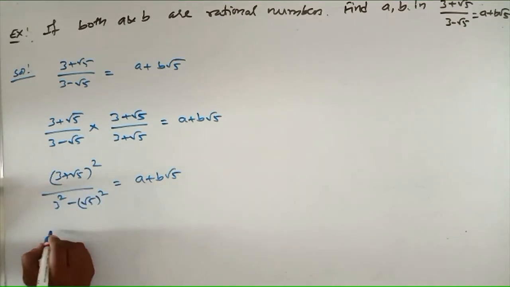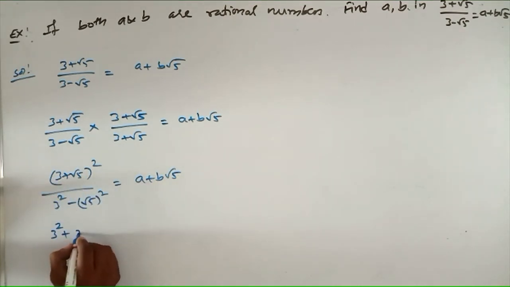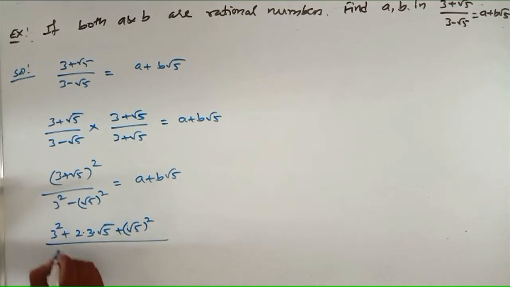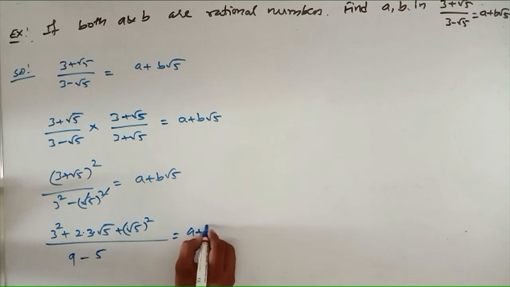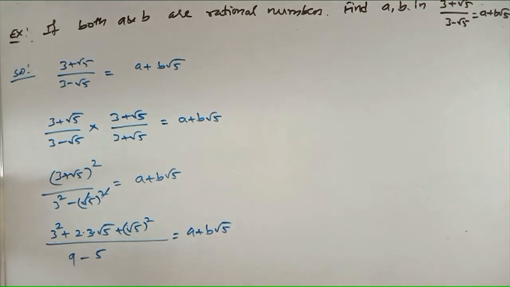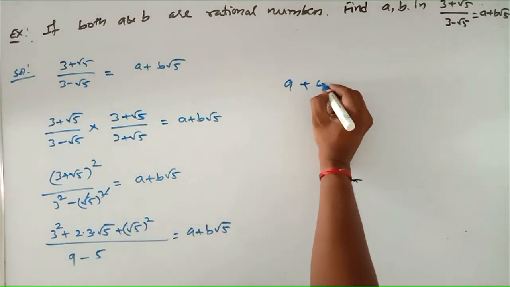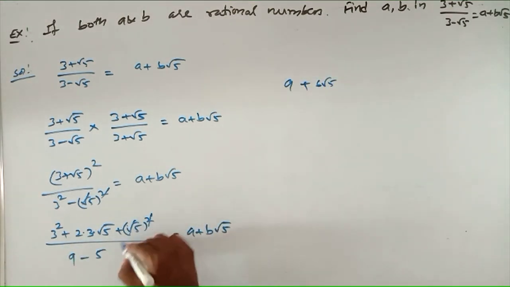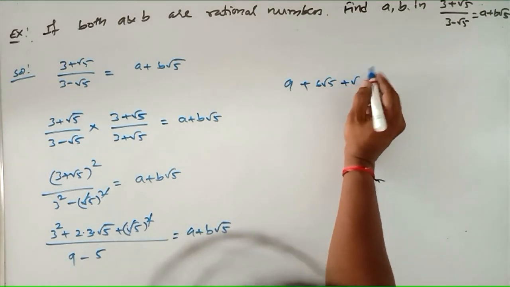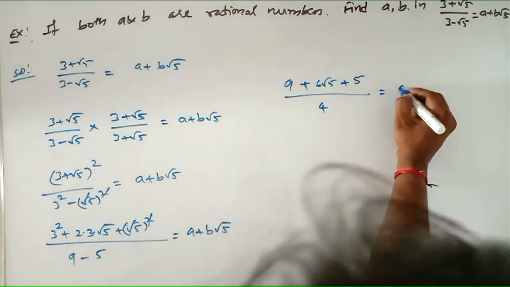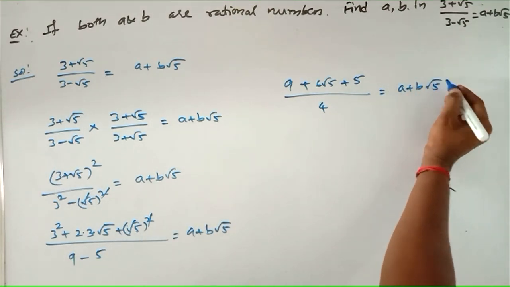Now a plus b whole square is equal to a square plus 2ab plus b square, so a square value is 9 minus square root cancel, 5 is equal to a plus b root 5. Now 3 square value is 9 plus 3 2s are 6 root 5, plus root 5 whole square is 5, by 9 minus 5 is 4, is equal to a plus b root 5.